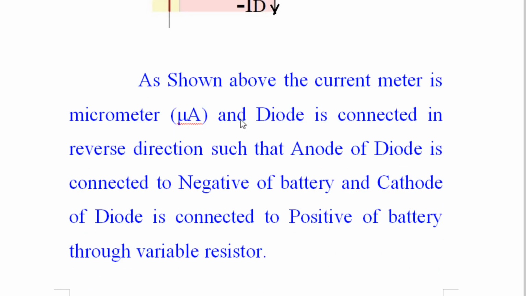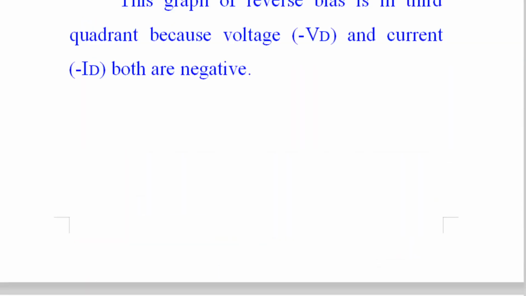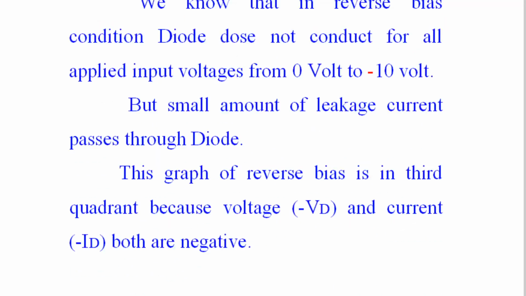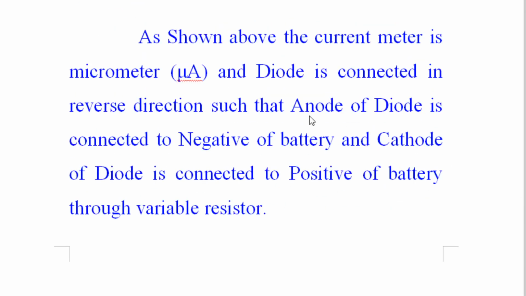The current meter is microampere, and the diode is connected in reverse direction such that the anode of the diode is connected to the negative of the battery and the cathode of the diode is connected to the positive of the battery through the variable resistor. So this is our first case of reverse bias. The anode of the diode is connected to the negative of the battery through RL, and the cathode of the diode, see the vertical line, it is the cathode, is connected through the current meter and the variable resistor to the positive of the battery, and this meter is a microampere current meter. That description is given over here.